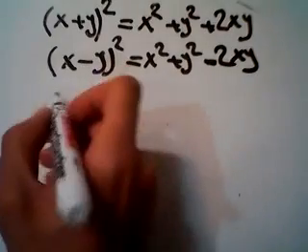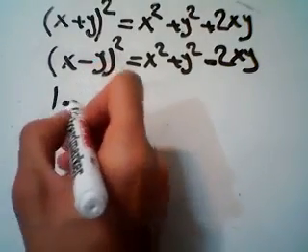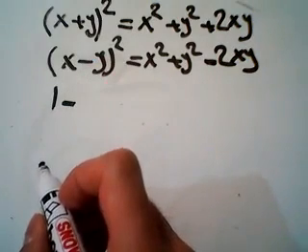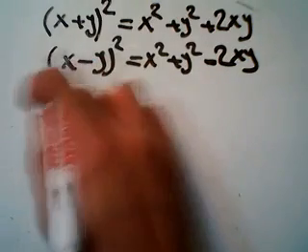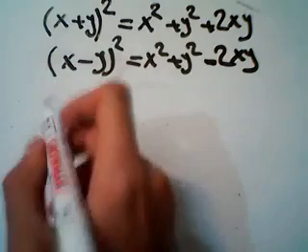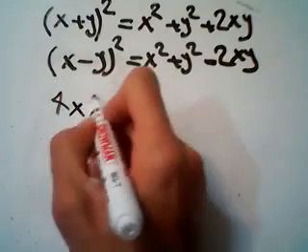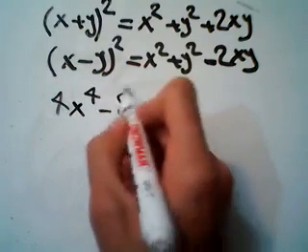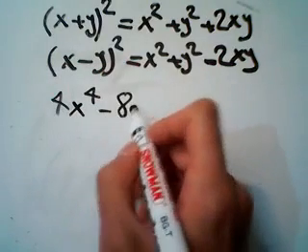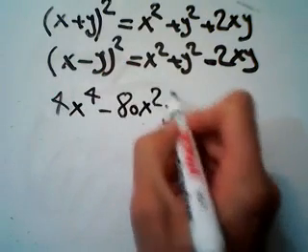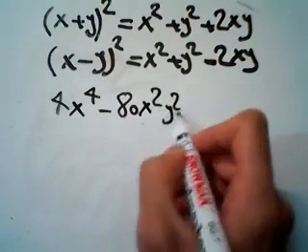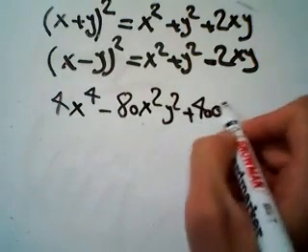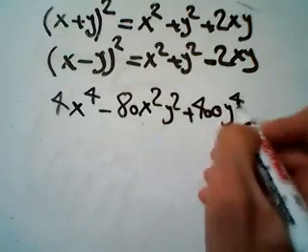Or here's another one: 4x to the power of 4 minus 80x squared y squared plus 400y to the power of 4.